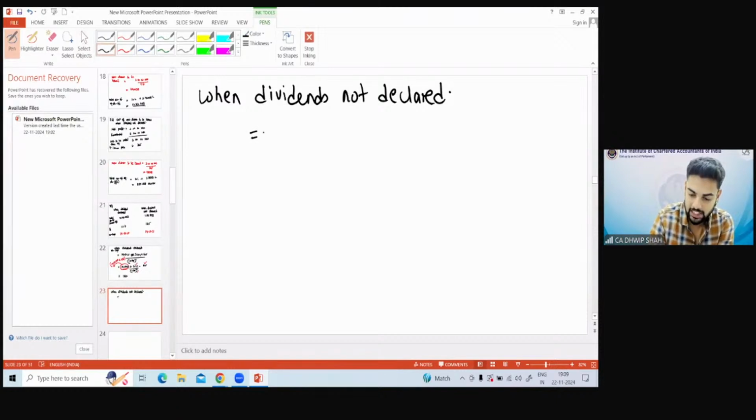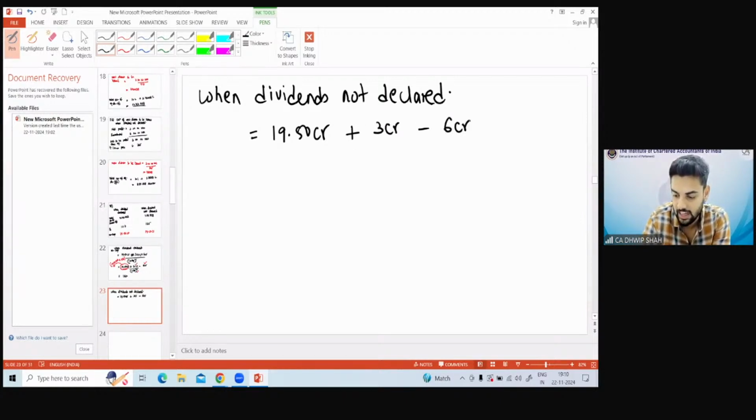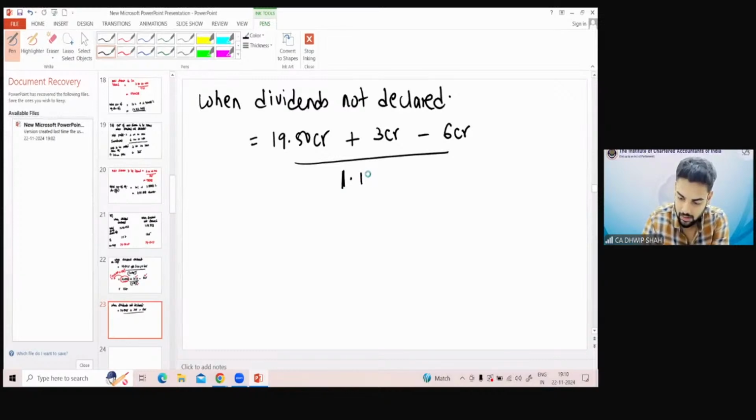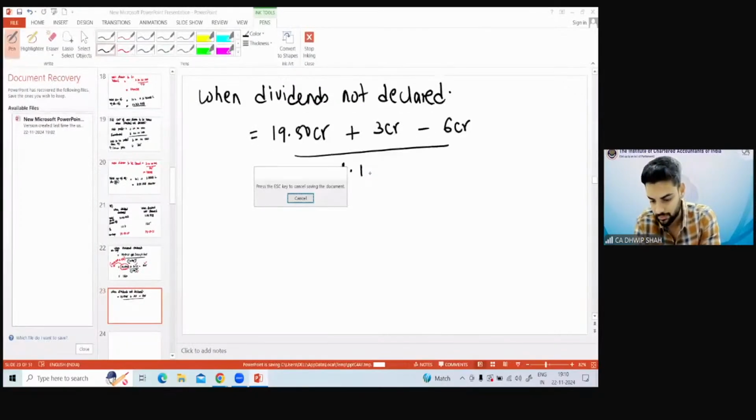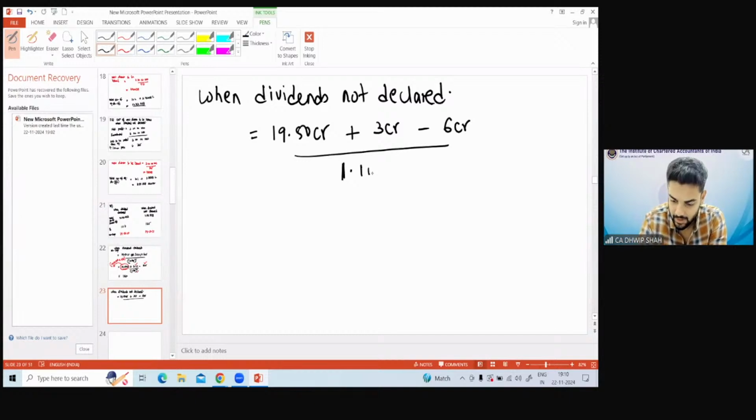Again, in that case, when dividends are not declared, my total market cap was 19.5 CR plus 3 CR of profit less 6 CR of investment, divided by 1.1.